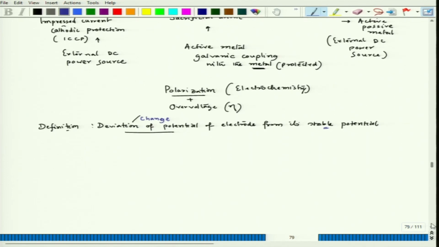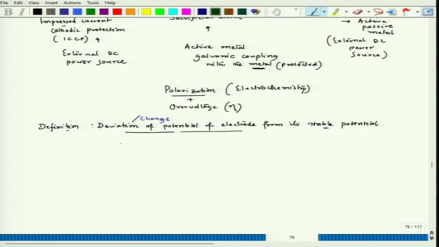Now, if we try to also see the potential of electrode, this is an interesting term, potential of electrode. When we try to understand the potential of the electrode, we actually talk about the reaction that is taking place on the electrode. Let us take the example of a single redox process. We know that a redox process happens on an electrode surface.